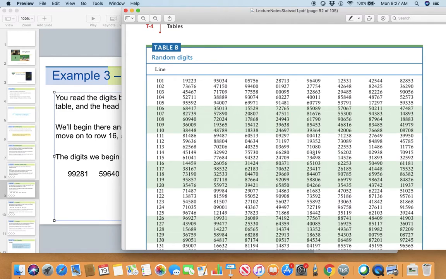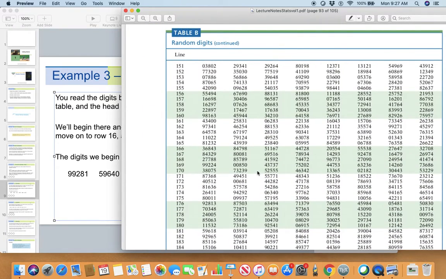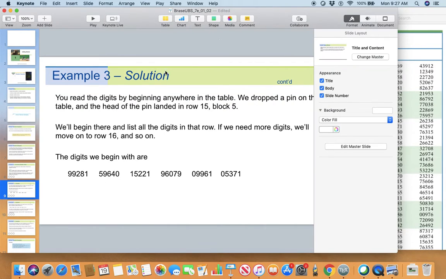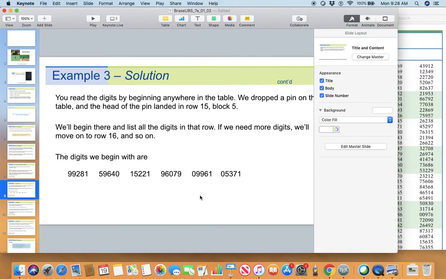So my block begins here, but theirs begins somewhere else. Okay. So the point is, you choose a random table of your liking, drop a pin somewhere on the paper, and start where it goes. That's how random you choose, right? So in this case, they have these numbers, right? These are their numbers. So for us, it might have been somewhere here. All right. So these are their numbers.